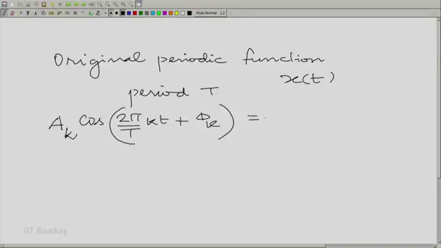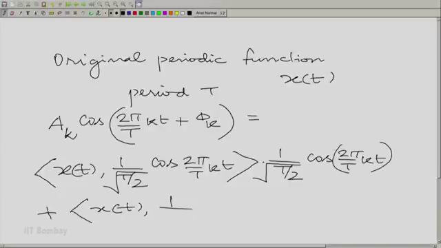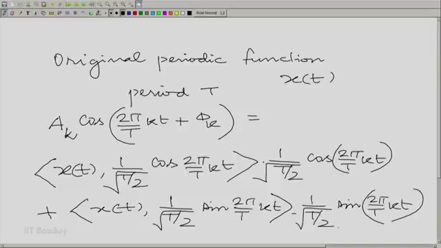I get it very simply by taking the dot product of x(t) with 1 by square root of T by 2 cos(2 pi by T kt), multiplied by the same unit vector, plus the corresponding term for the sine. You are taking the dot product with each of the unit vectors, you have the components, and then multiply by the corresponding unit vectors and add, and that gives you the component at that frequency. That frequency corresponds to a two-dimensional space.